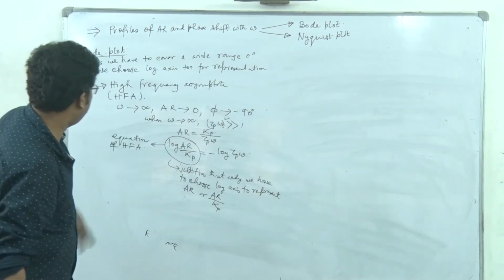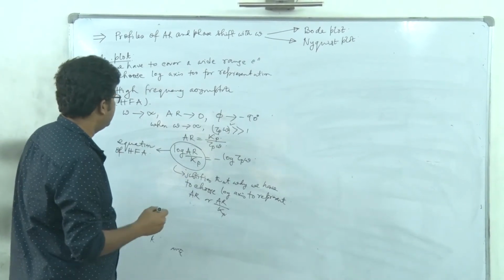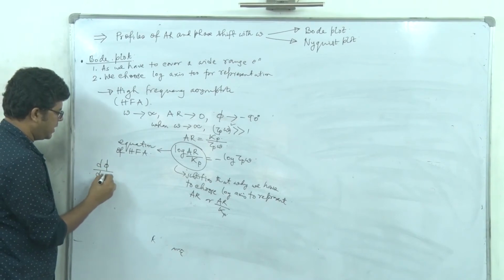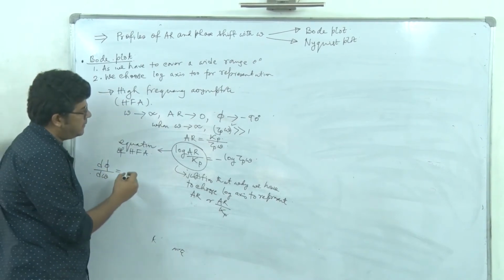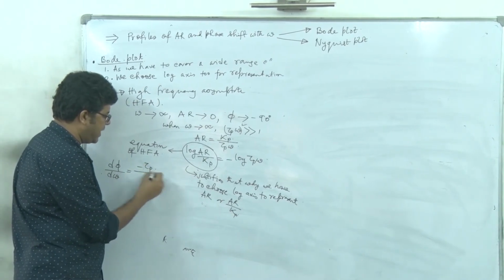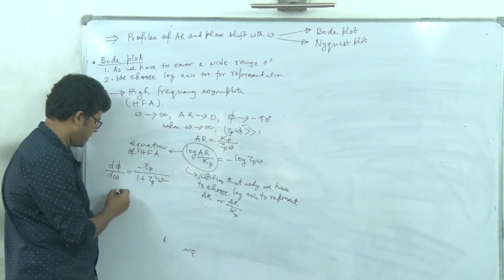Additionally, if omega tends to infinity, phi tends to minus 90, right? So if we solve for d phi d omega, we have already evaluated it: it is equal to minus tau p divided by 1 plus tau p square omega square.